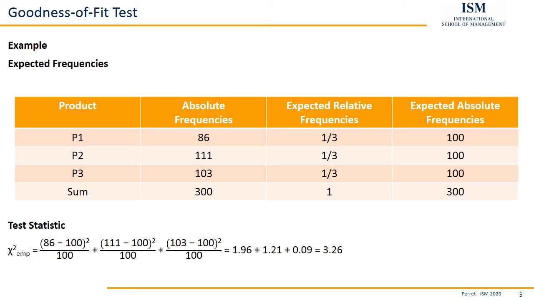That's product 2, plus 103 minus 100 in parentheses squared divided by 100. That's product 3. And we only have these 3 products, so that's all there is. And this leads to a test statistic of 3.26. This one we will just copy in the next slide.